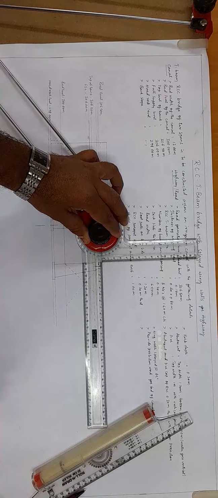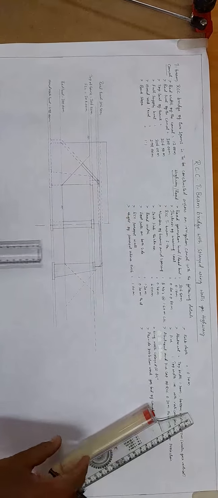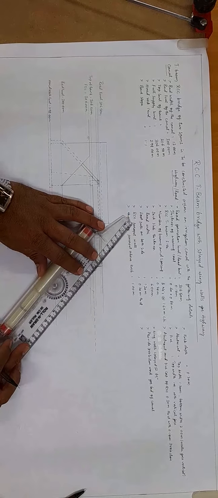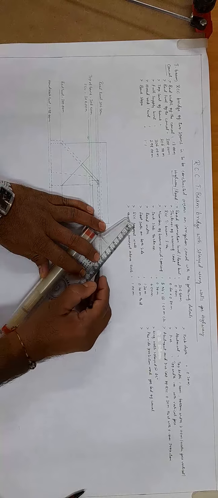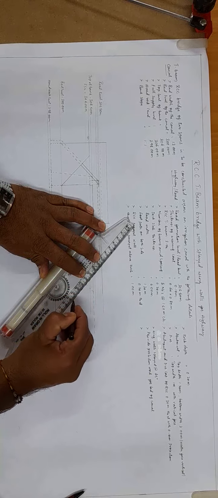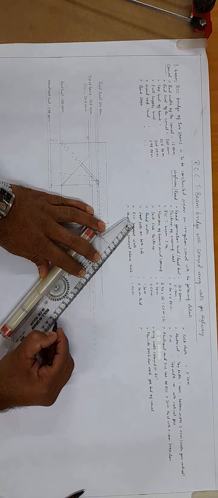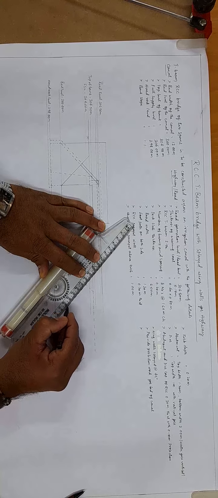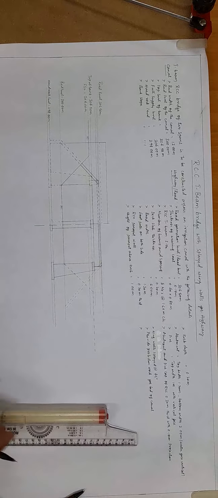Therefore we are going to show the same with the help of dotted lines. So we shall draw another parallel line here which indicates the thickness of the wing wall. Since the thickness has not been mentioned in the problem, we assumed it as 0.5 meters.